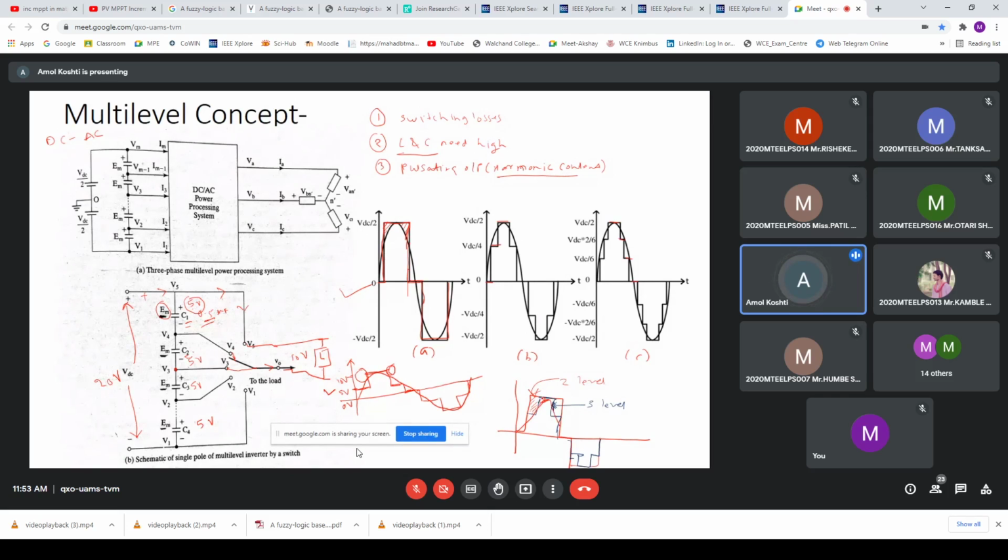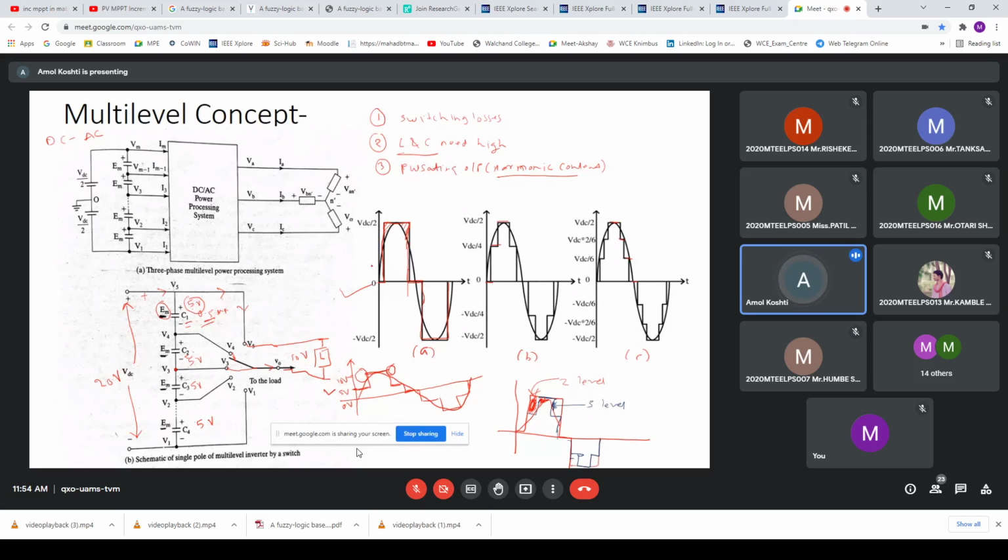So only this part is unwanted there, and in two level, this much part is unwanted. So obviously the size of the filter will be reduced when we go for the multi-level inverter concept. We are chopping that two level into multiple levels to get a pure sine wave.